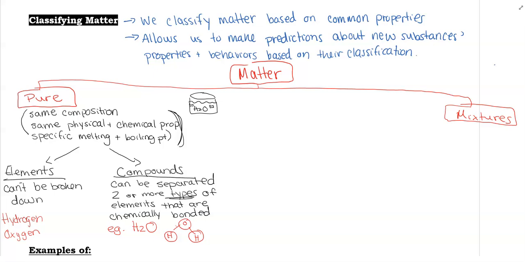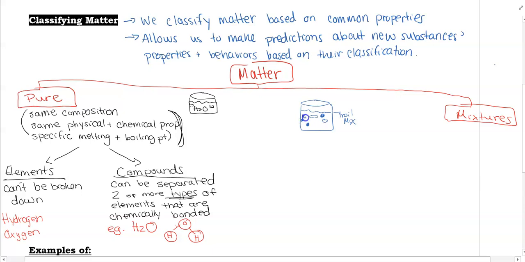Now let's talk about the other type of substance, which are mixtures. Okay, now let me just draw my little idea here. Let's say I have a mixture of, let's say, trail mix. Okay, so my trail mix could be like some peanuts here, some M&Ms.